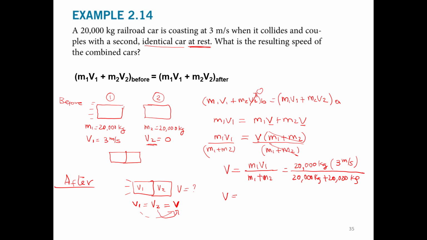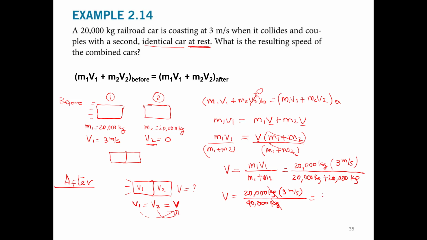Then the velocity will be 20 kilograms times 3 meters per second divided by 40 kilograms. In this part you can skip some steps, but I want to do it with all the steps. And if you can see, kilograms cancel out and the unit is meters per second.